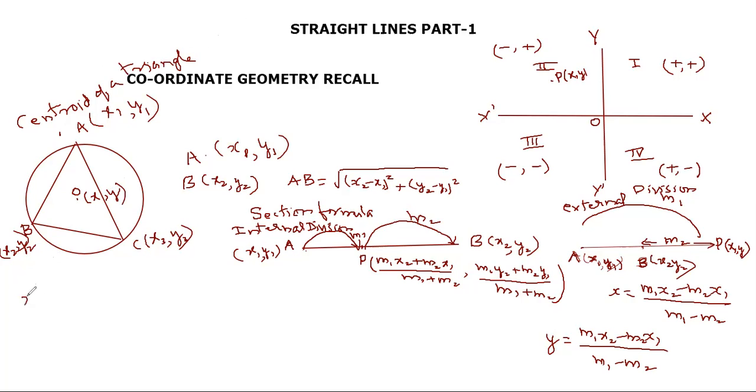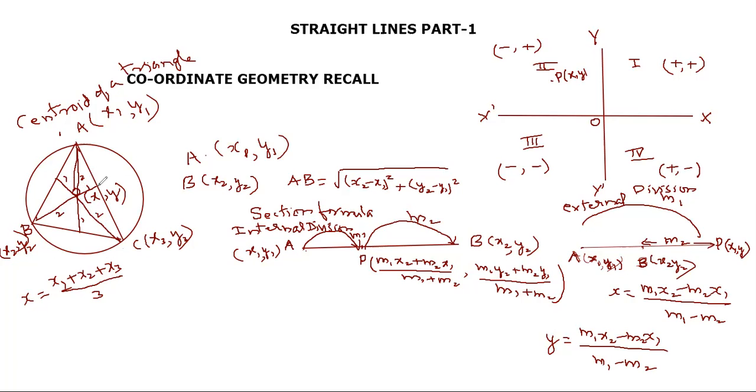We can say x will be equal to x1 plus x2 plus x3 divided by 3, because this is made by the medians. The centroid divides each median in the ratio 2 is to 1. So 2 plus 1 is 3.